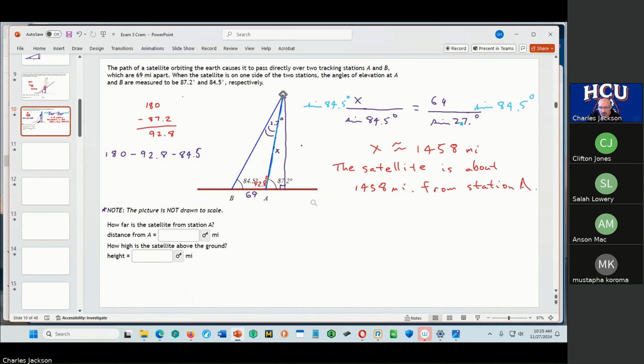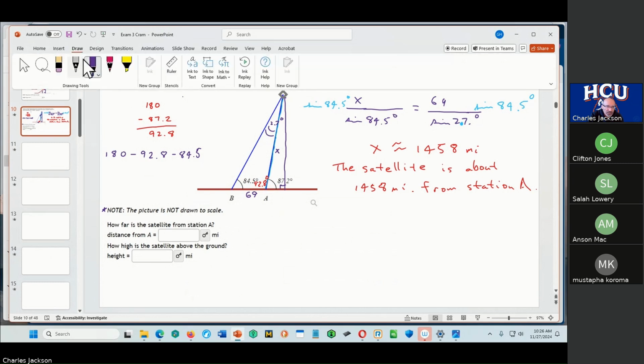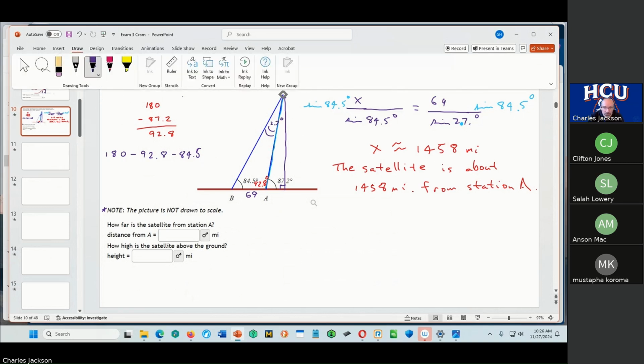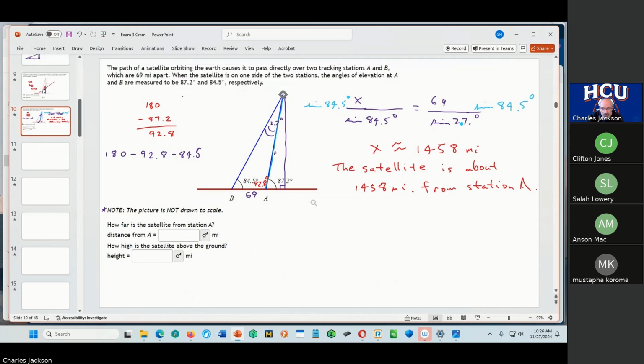Now we know X, we know that's 1458, so that's known. Just mark it like that, 1458.